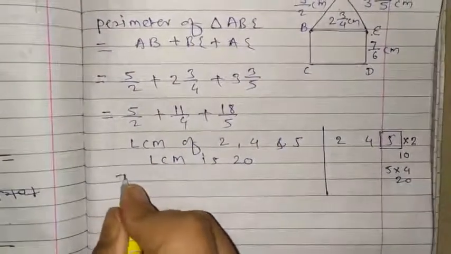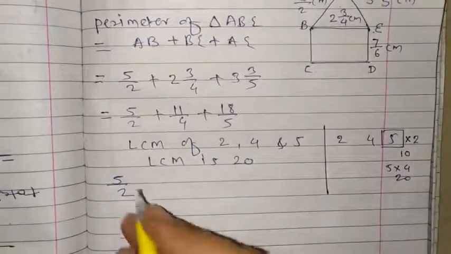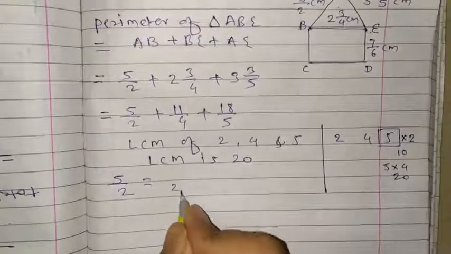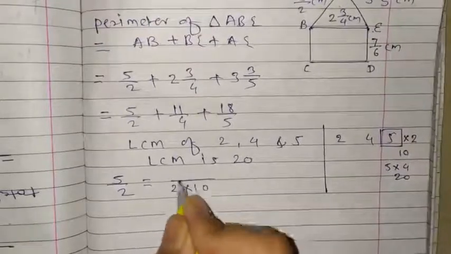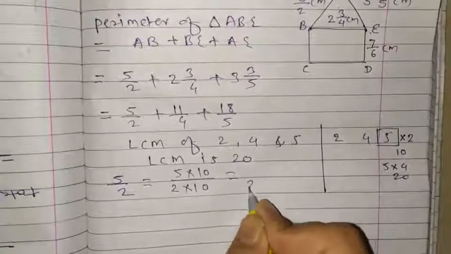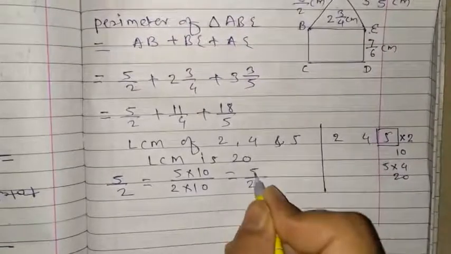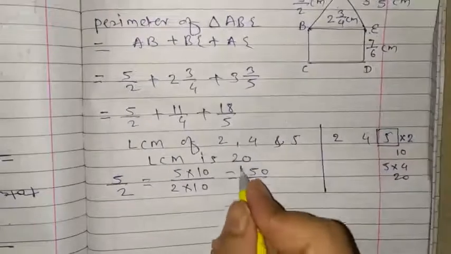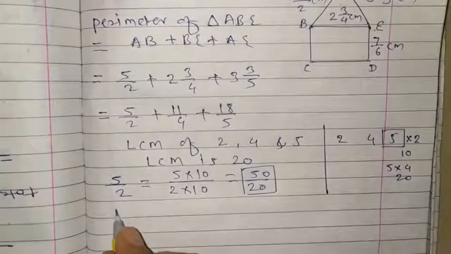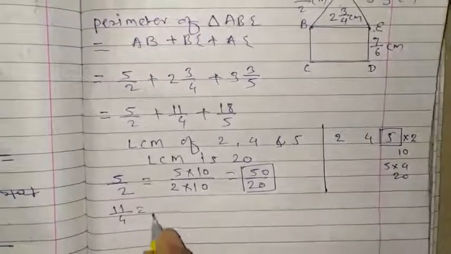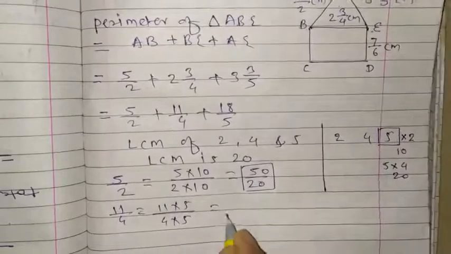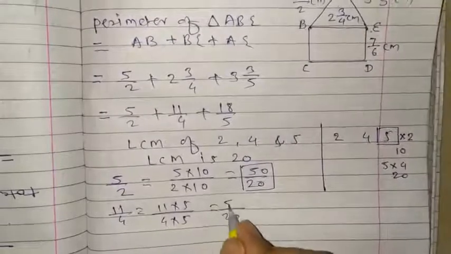So 5 upon 2 can be written with denominator 20 as 2 into 10, and upside 5 into 10. So 2 into 10 is 20, 5 into 10 is 50. This is the first value. Then the second is 11 by 4. 4 into 5 is 20, 11 into 5 is 55.